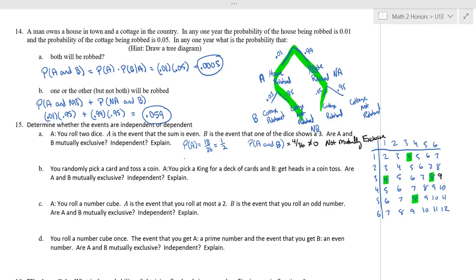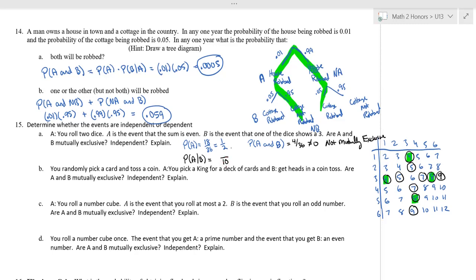Alright, now let's consider the probability of A given B. So one of the dice shows a 3, and so if only one of them shows a 3, I'm going to circle the ones that can happen. And so how many are circled? We got 5, looks like 10, so it's out of 10.